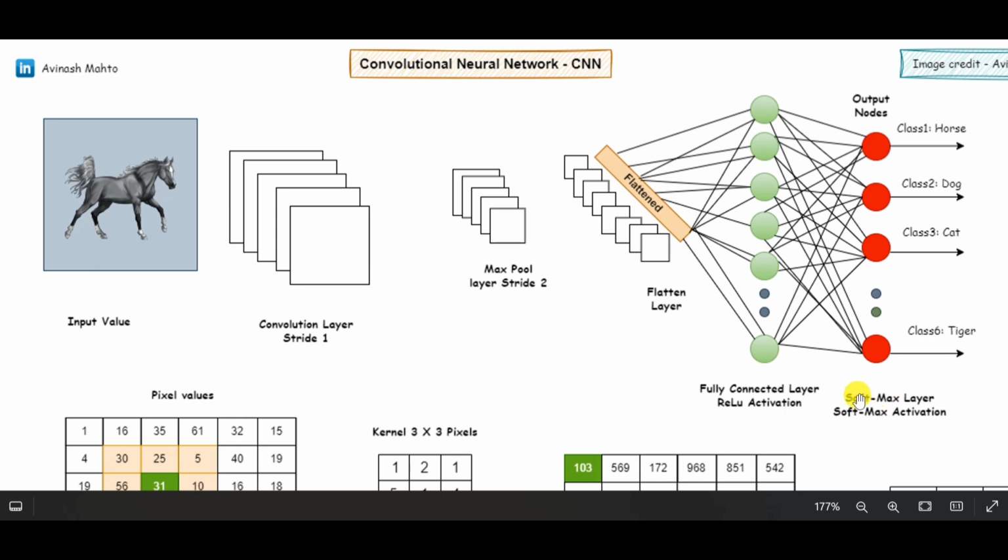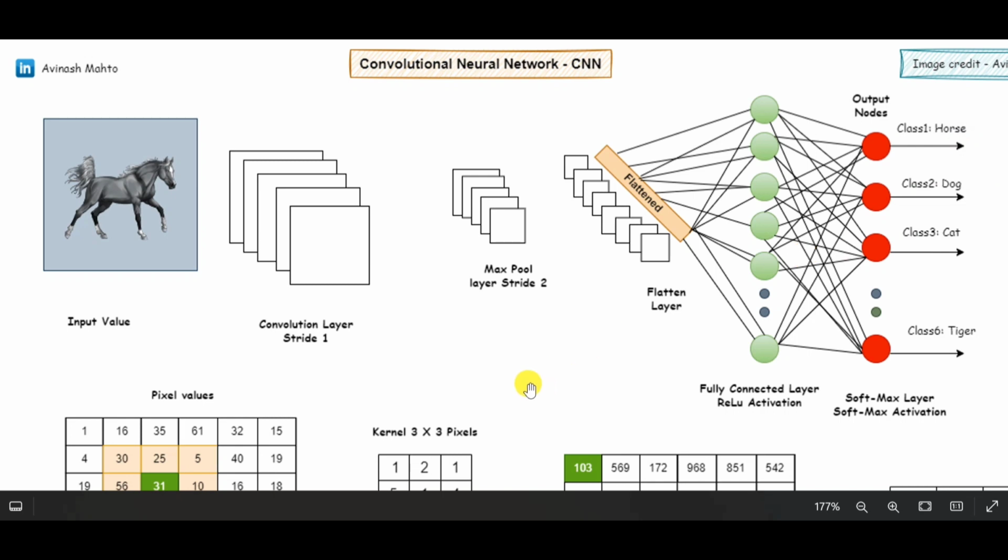Basically it provides a probability for each possible output class, and then finally we apply the classification. Classification is a machine learning model used to distinguish among two or more output categories. So the system can further identify whether it's a horse image, dog image or cat image.